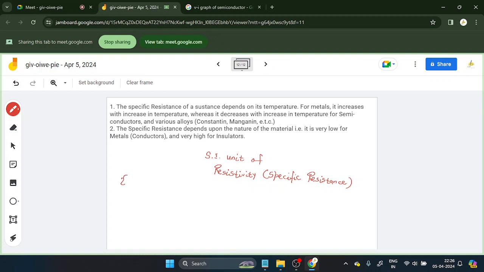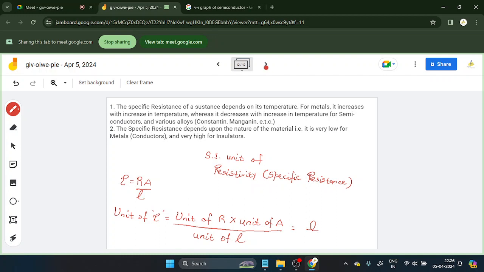Because rho equals RA upon L. So unit of rho will be equal to unit of R into SI unit of A upon SI unit of L. Your unit of R is ohm.